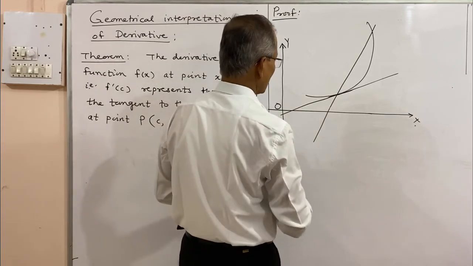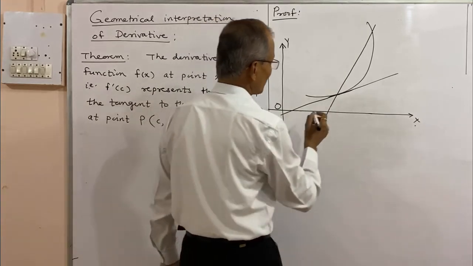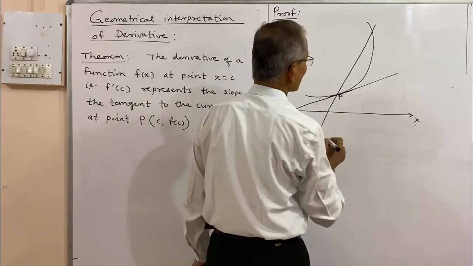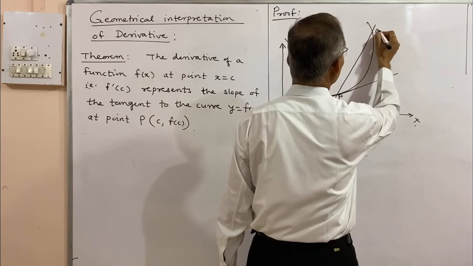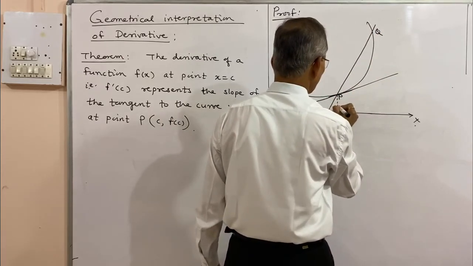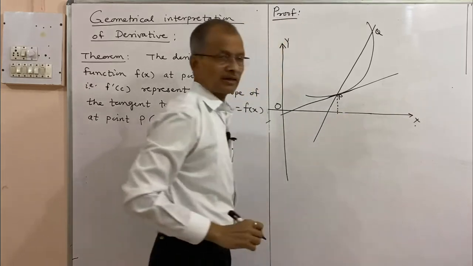Now you see this is the point P we have, and here this is the point Q. These are the 2 points. We draw a perpendicular from P on the x-axis.